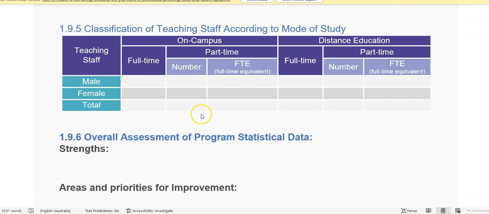For 32, we can write we have full-time, for example, 39 full-time. This is on campus. Distance education, we don't have it. Part-time, we have 3.